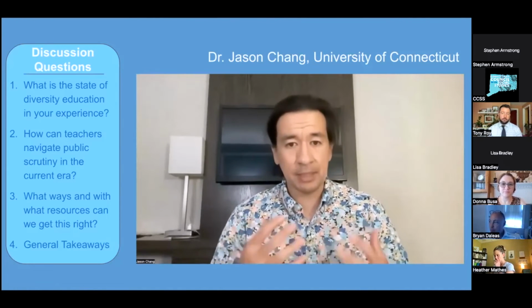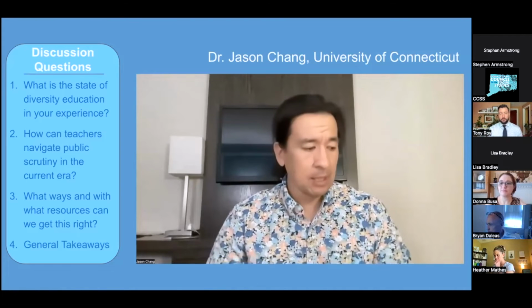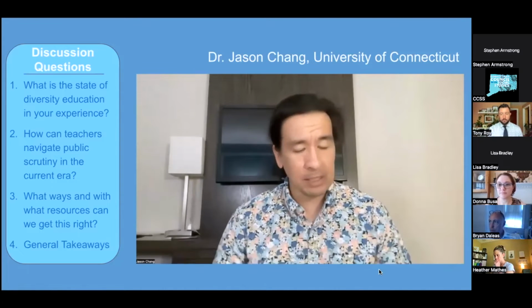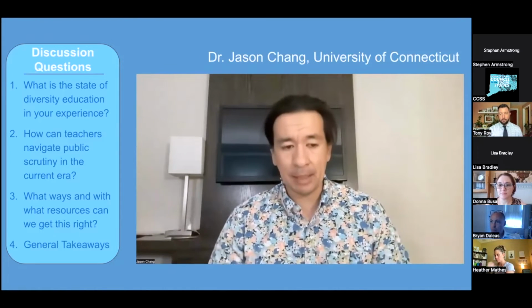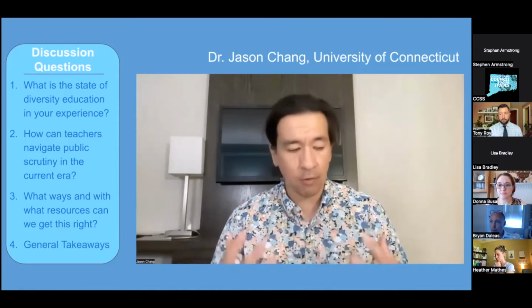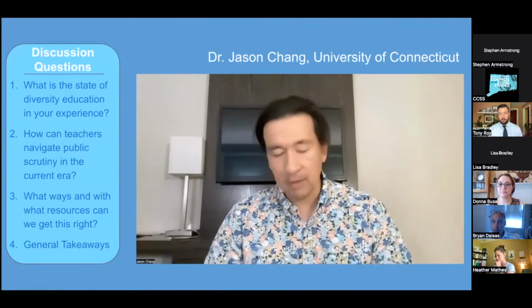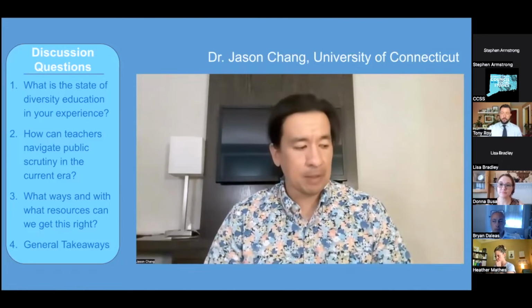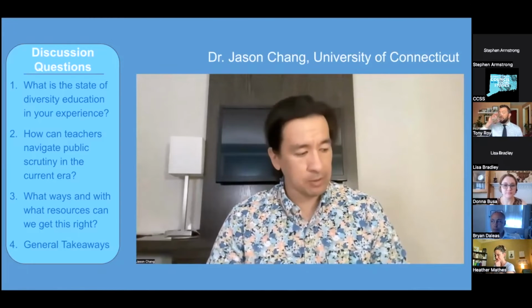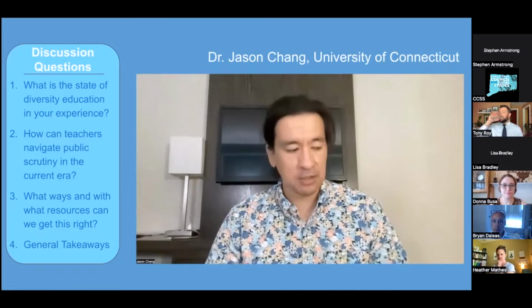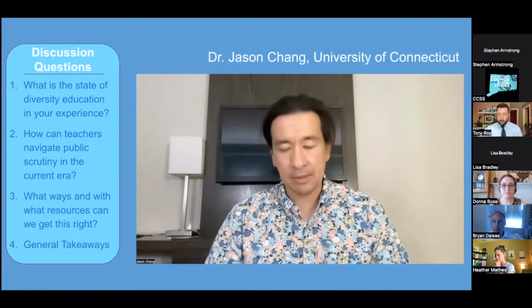So I've been asked to think through a couple different things. One is to applaud the formation of these 6 themes of the standards: justice, representation, inclusivity, global context, agency, and local connections.